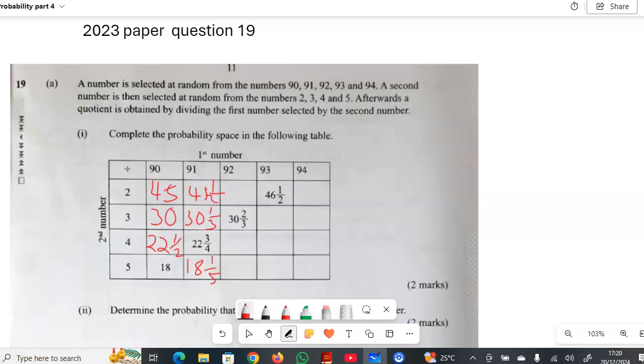Then you have 92 divided by 2, you get 46. Then 92 divided by 4, you get 23. Then 92 divided by 5, you get 18 and 2/5.